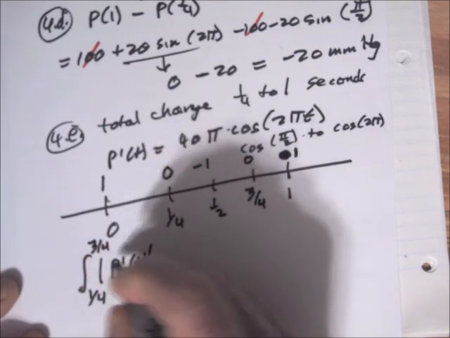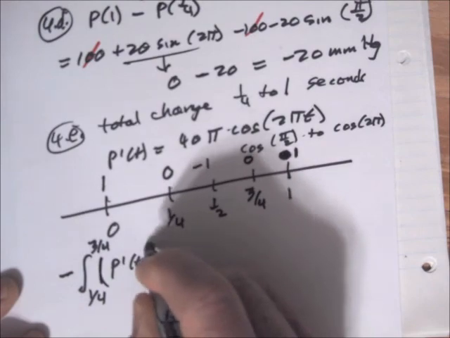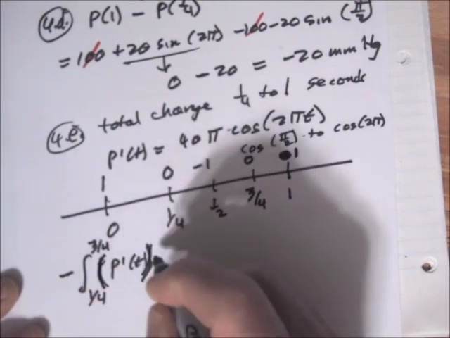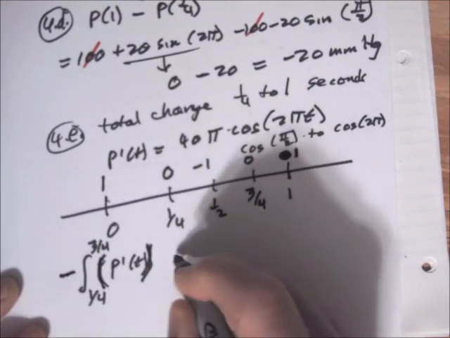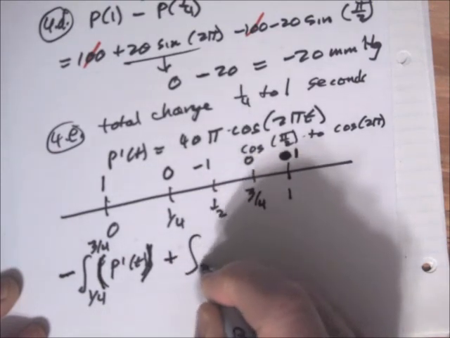I mean, you want to take the opposite sign rather. You want to take the minus, the opposite sign, from 1/4 to 3/4, and then the positive sign from 3/4 to 1.